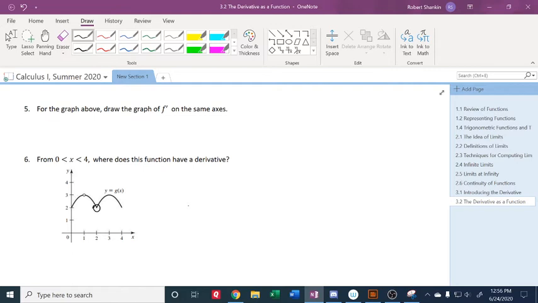So clearly at 2, the derivative does not exist because, let me show you, the tangent line from the left appears like this. The tangent line from the right is this slope.